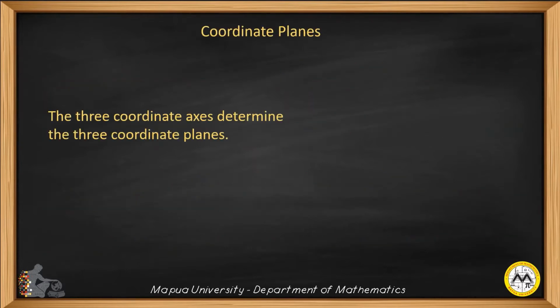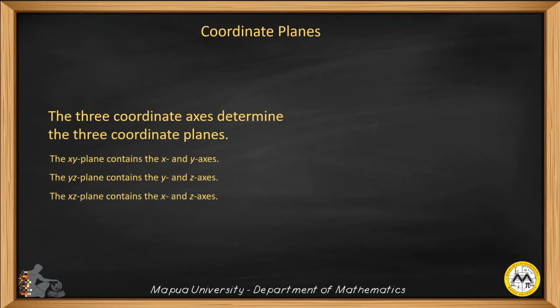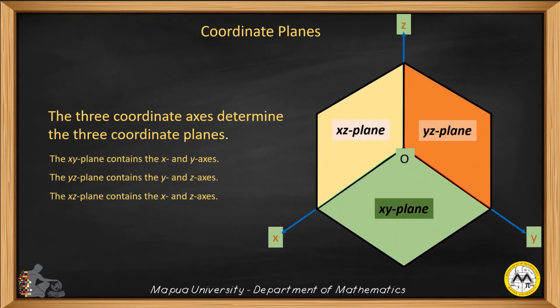Now, here we have the representation of the coordinate planes and coordinate axes in 3 dimensions. We have the x-axis, the y-axis, and the z-axis, and by convention these show the positive direction of the axes.